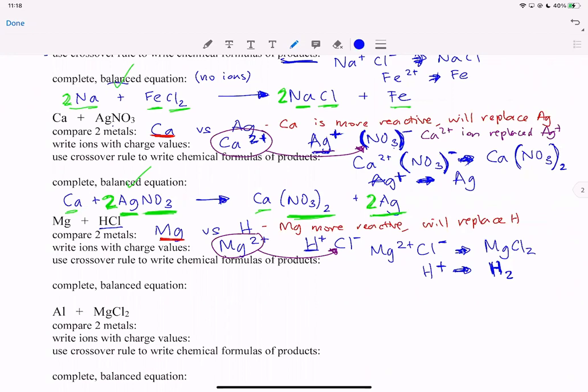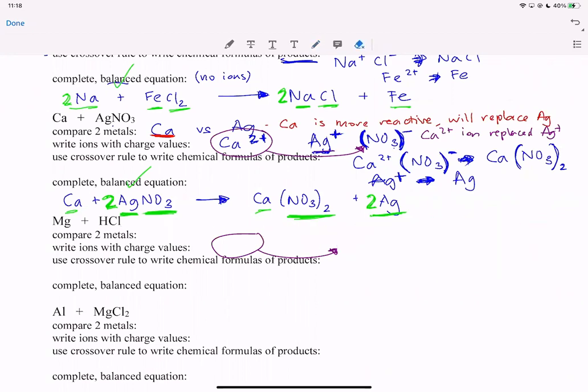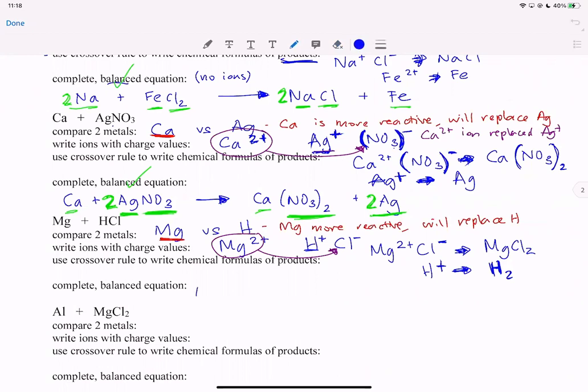Okay, so let's write the complete balanced equation where you take the original reactants, just copy those, which are Mg and HCl. And then you have your reaction arrow. On the right side, you have the products that you just predicted, which are MgCl2 plus H2. So now you need to balance this using coefficients.